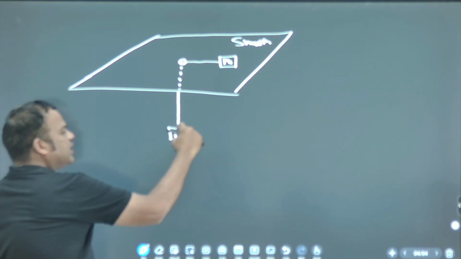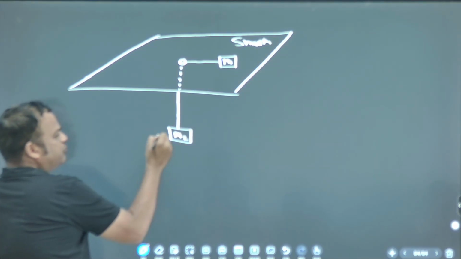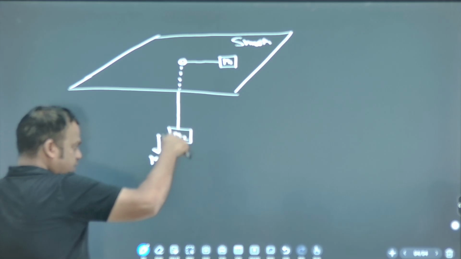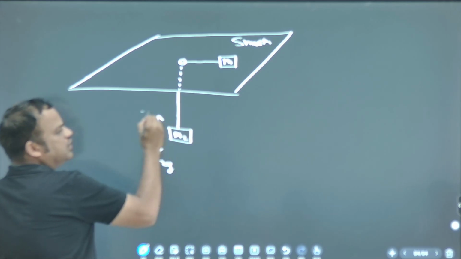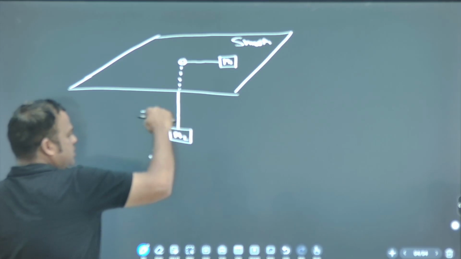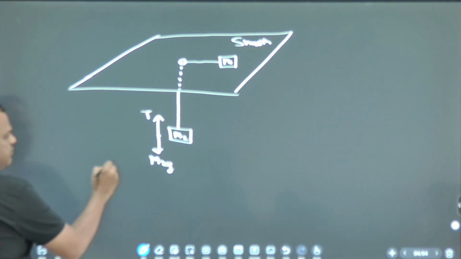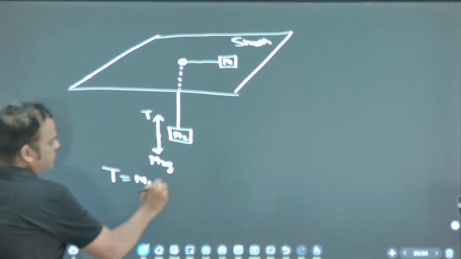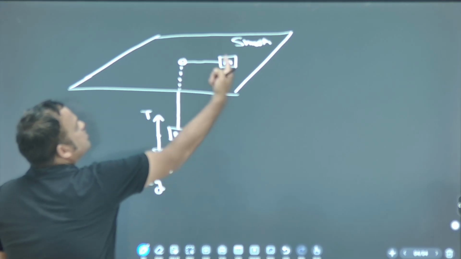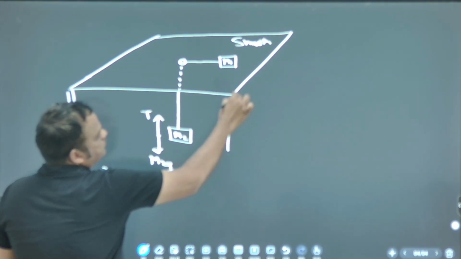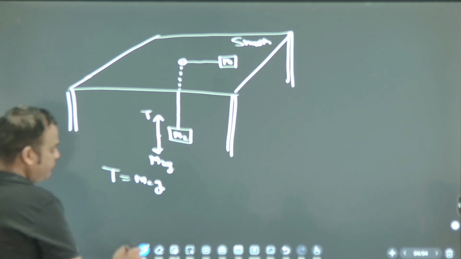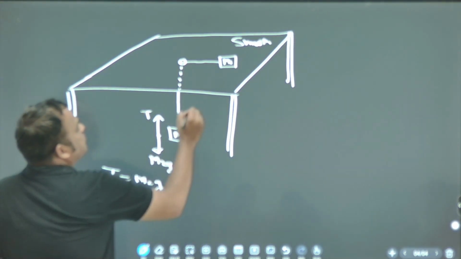Now I don't want m2 to fall. So what is the force downward? m2g. Now I don't want it to fall, so tension must be acting upward. So what should be tension? Suppose it is not falling down, it is at rest. What is tension? m2g. Very good. So tension is equal to m2g. Now it is the same string, so here also same tension will be there.